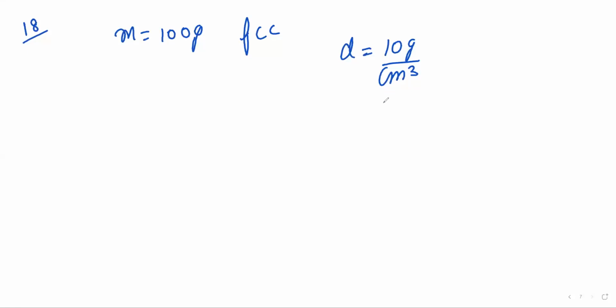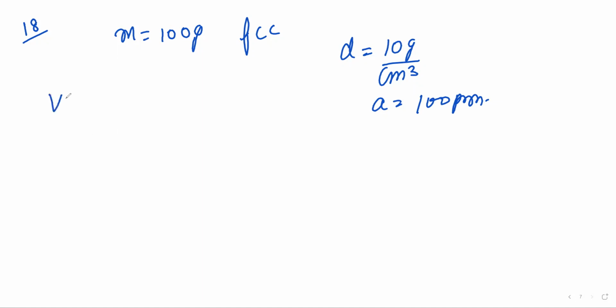Cell edge length is given, that is a is equal to 100 picometer, right? So you have to just solve it. So it is asking about number of atoms. Mass is given, density is given, edge length is given.